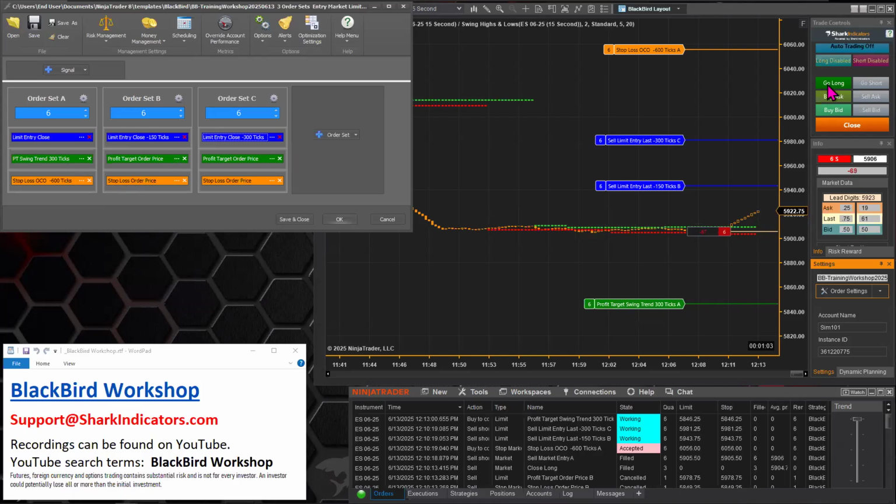So when you click the go long button to trade, or when a trade signal comes in, the average trade is that all of our entry orders go in all at the same time, right? And then we have different profit targets.